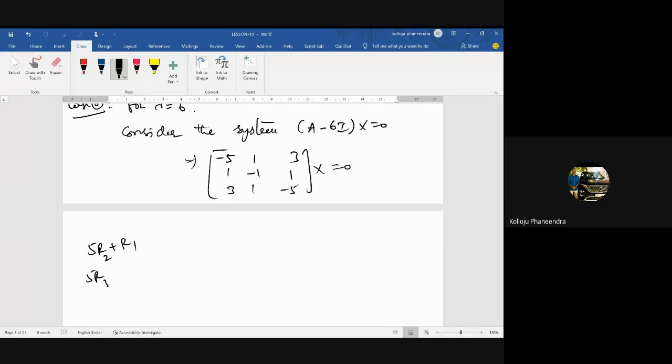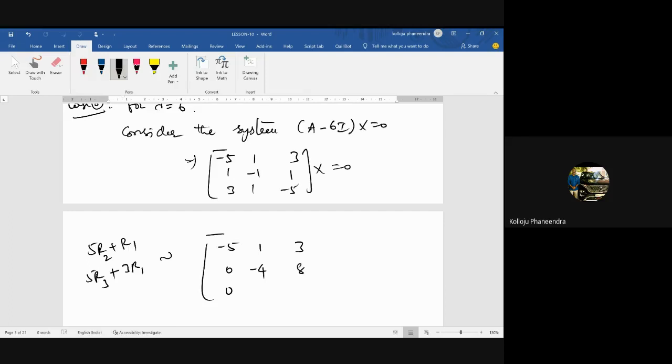Next, 5R3 plus 3R1. So minus 5, 1, 3. This is 0, this is 0. Coming to this, minus 5 plus 1, minus 4. This is 5, 5 plus 3, 8.